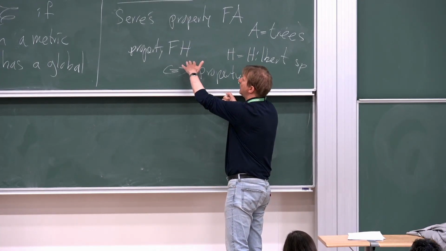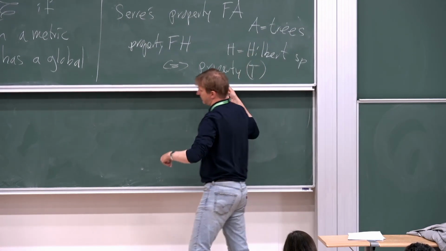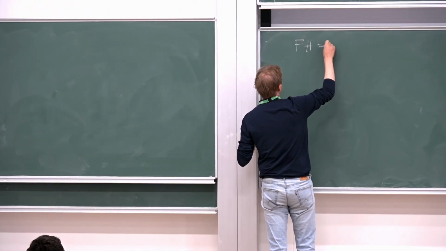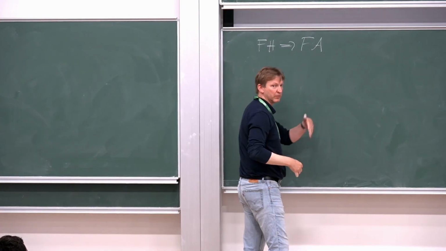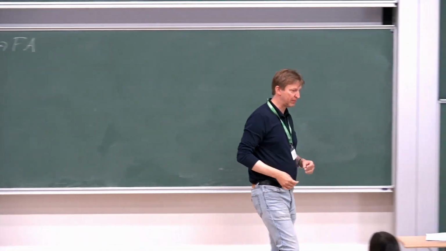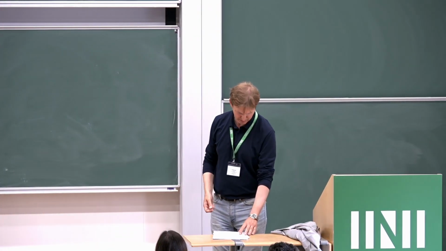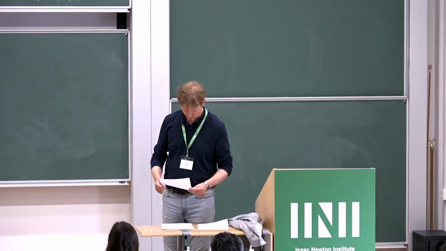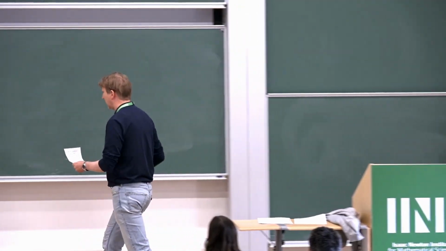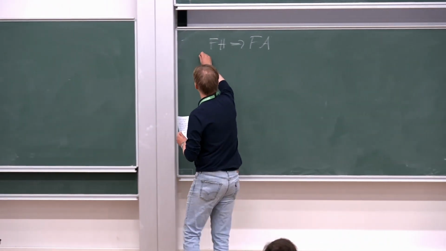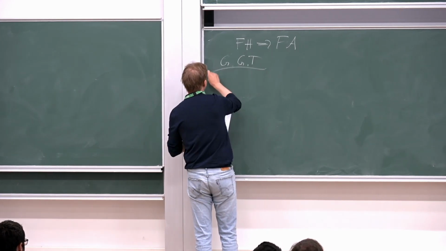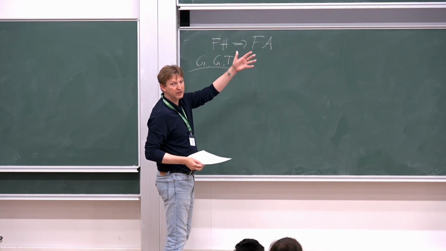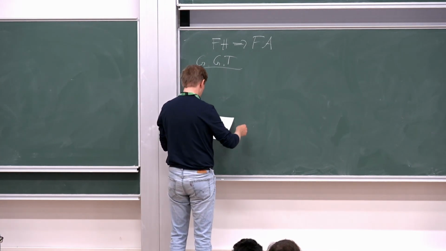And then there's Alperin and Watatani. Notice that FH implies FA, because if you act on a tree, you can build an action on a Hilbert space. But many of you know this much better than me, because it extends then to CAT(0) cube complexes. Then, with geometric group theory rising from the 90s, Hilbert space and trees are CAT(0) spaces.